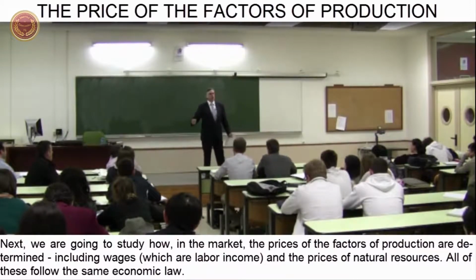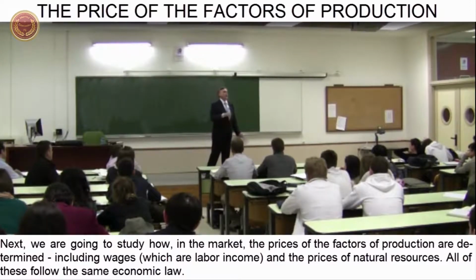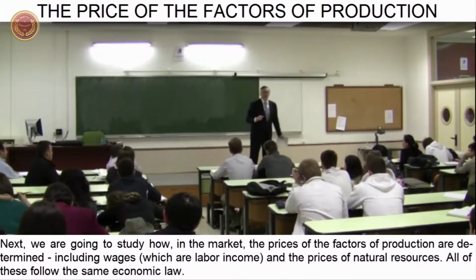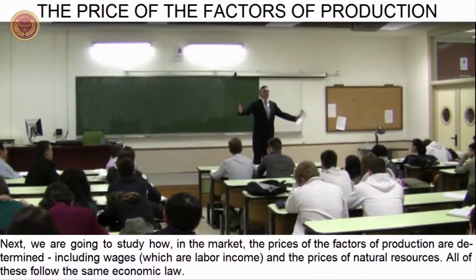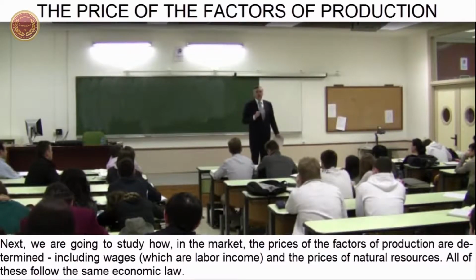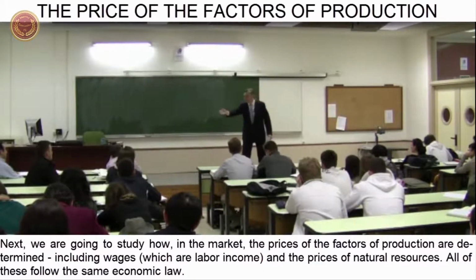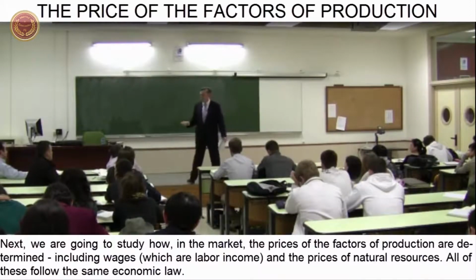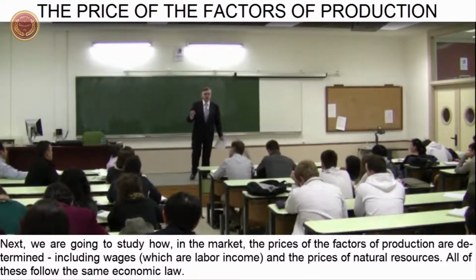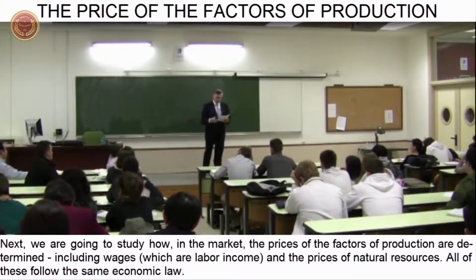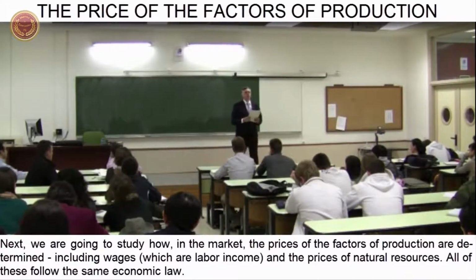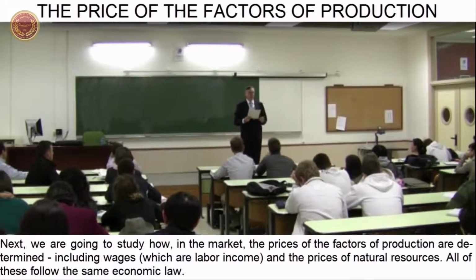For example, the price of natural resources, the rent paid on an apartment used as a law office or by a management firm, the rent paid on the property where a factory is located, or the cost of renting a computer, which is also a factor of production. The market price of all of these services or factors of production is what we are going to determine today.